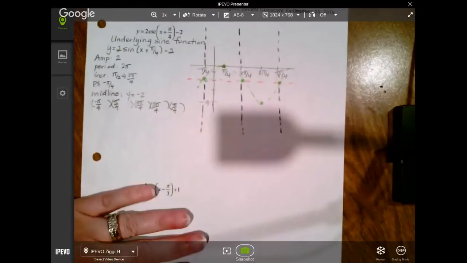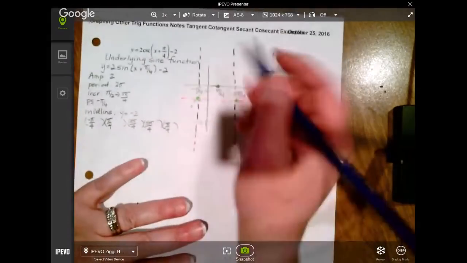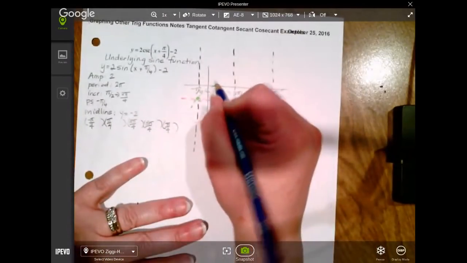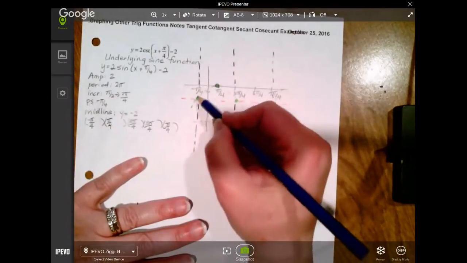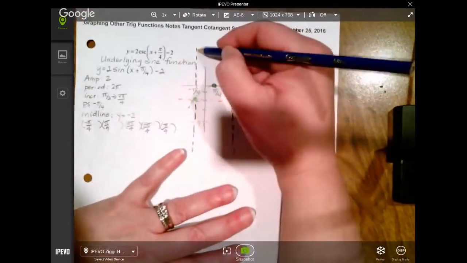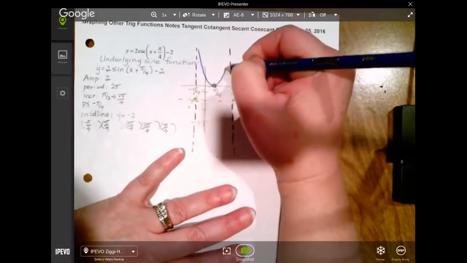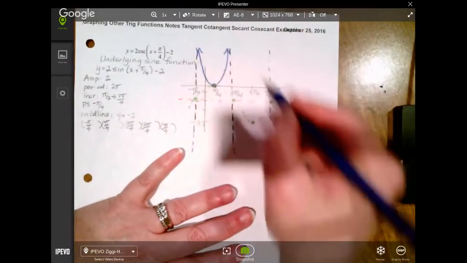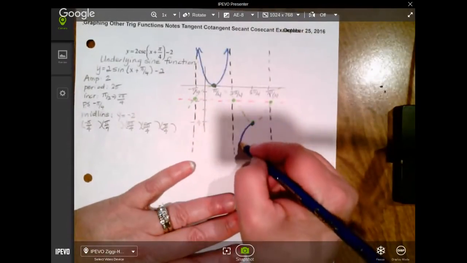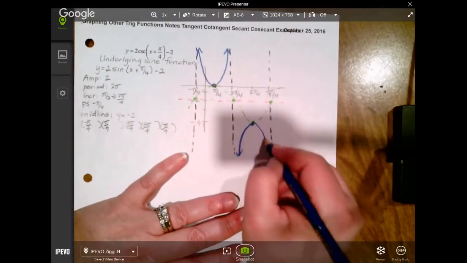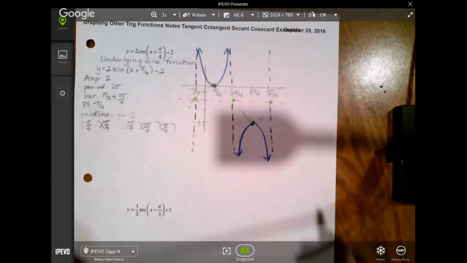And then at the high spot, I'm going to take this curve and reciprocate it. There it is, or flip it. And at the low spot, I'm going to take it and reciprocate it. And so the blue curve is my cosecant function.